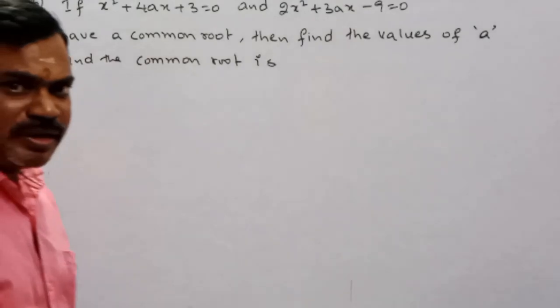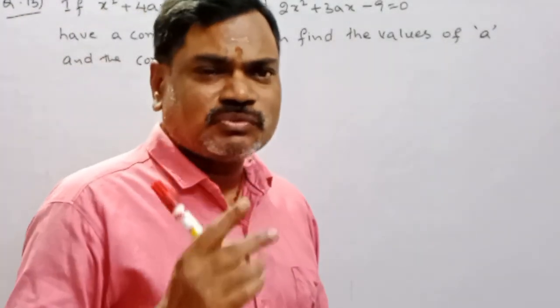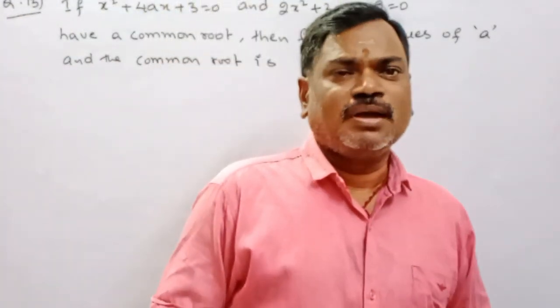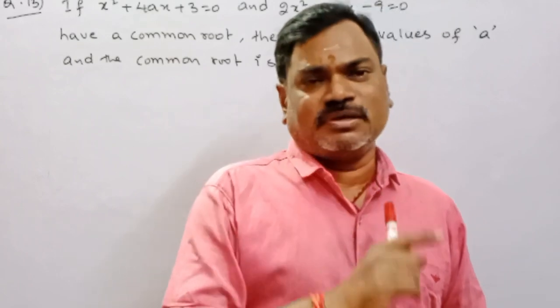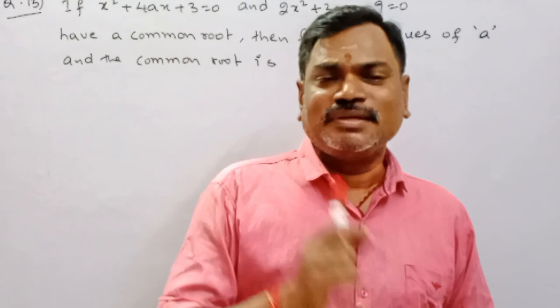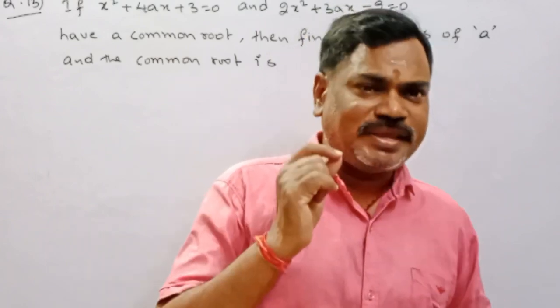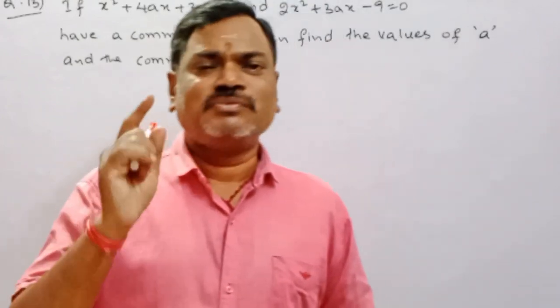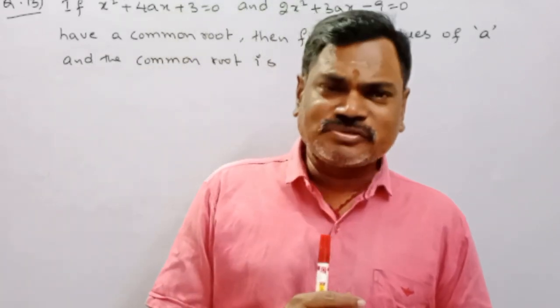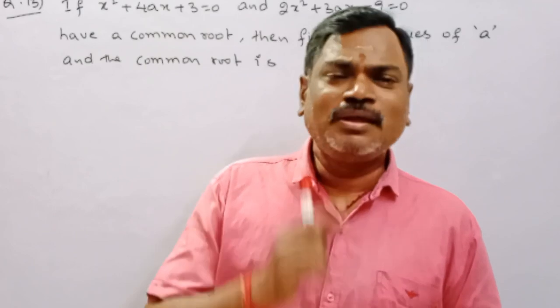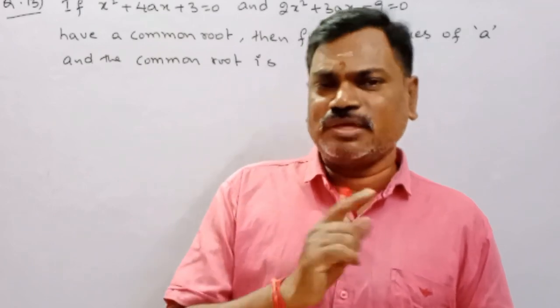Here two quadratic equations are given, the condition is that they have a common root, and in the second equation a variable is there. We have to find the value of a, and also the common root of the two equations.